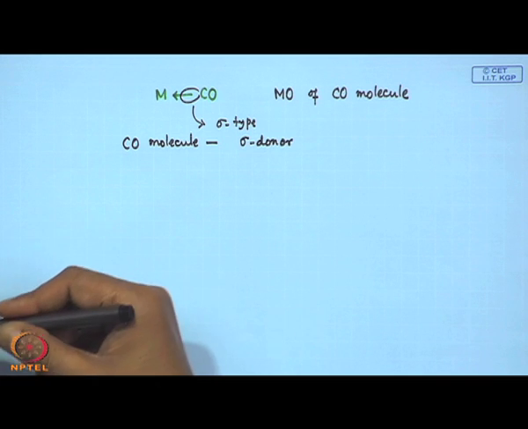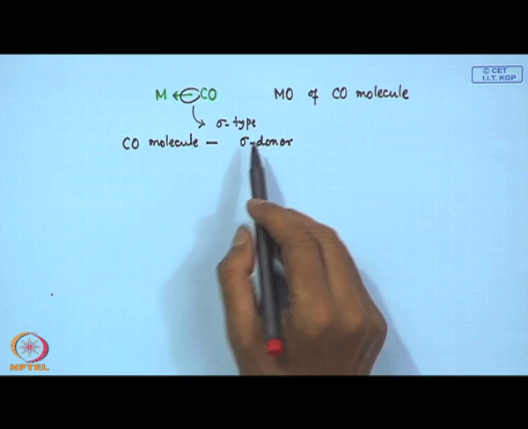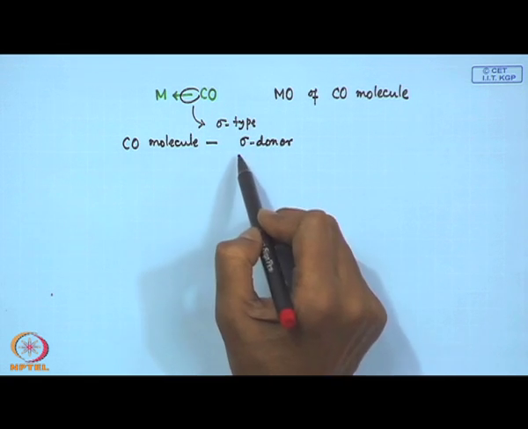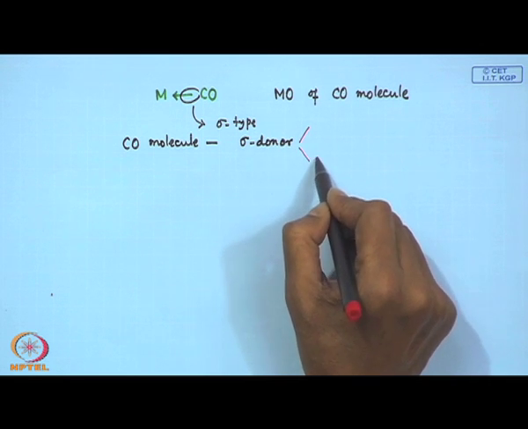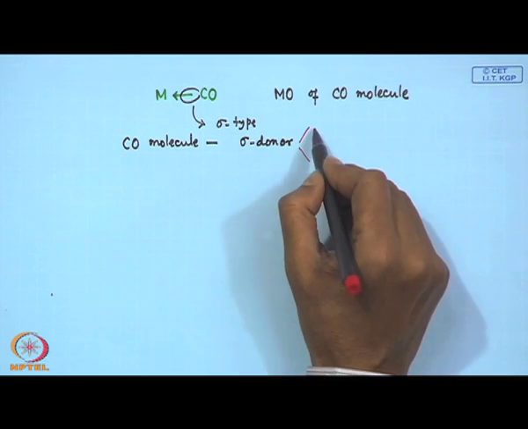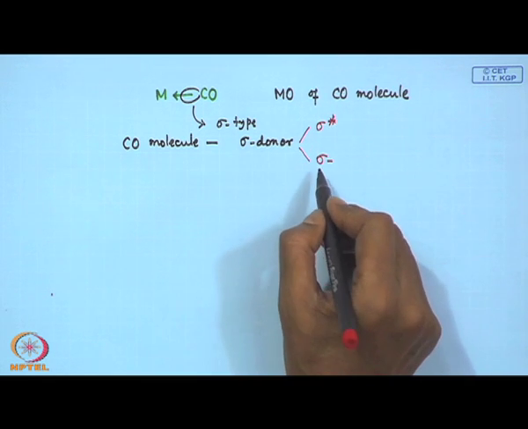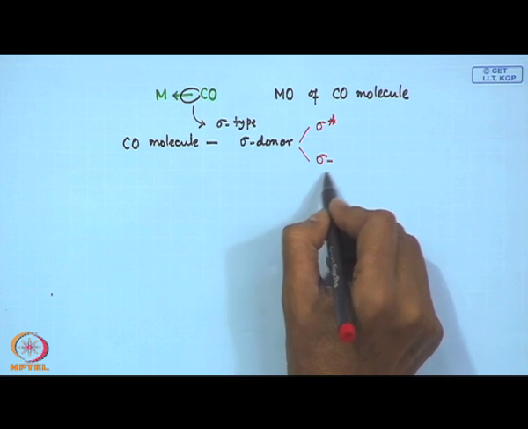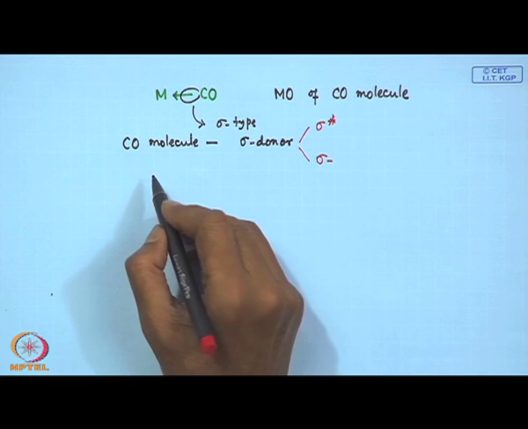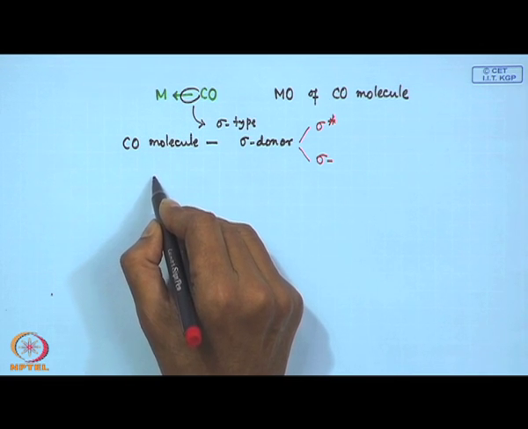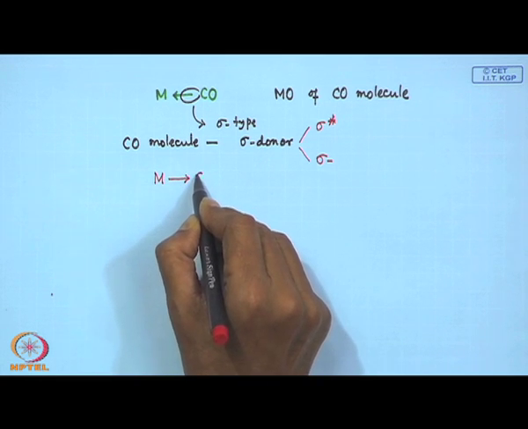So, when we talk in terms of the corresponding molecular orbital of sigma symmetry, we can place this carbon monoxide molecule for sigma donation, and as a result we can have both the sigma bonding level as well as the sigma antibonding level as the star level, and the electron density from this filled level is being donated to the metal orbital. When we consider the pi interaction, it is in the opposite direction.